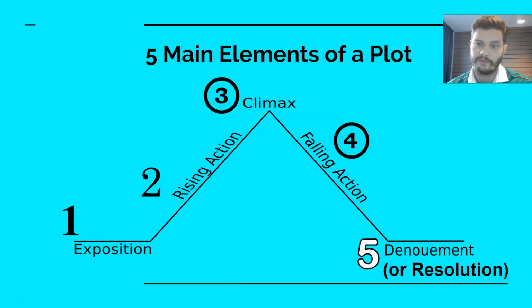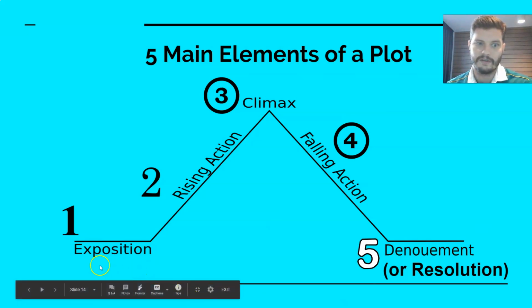Some movies, for example, maybe the producer wants to make a sequel, so they don't tie all the loose ends up, and the movie probably doesn't come to a completely reasonable or satisfactory conclusion because the producers want to make a sequel. Okay, they want to keep you on the edge of your seat. But for the most part, our narratives are going to have a resolution where all of the problems have been resolved and the story comes to an end.